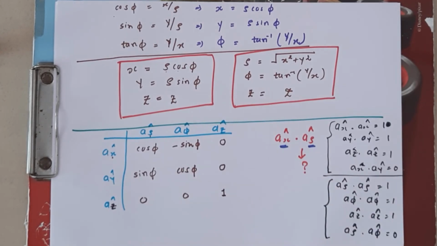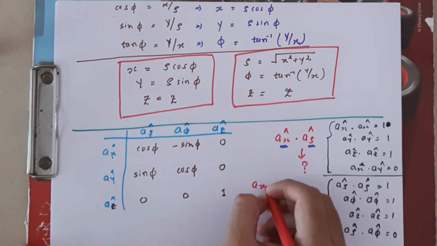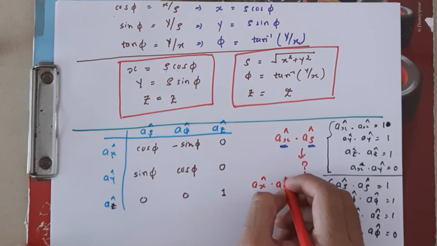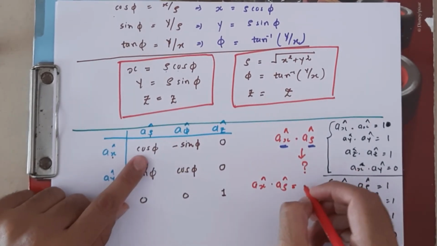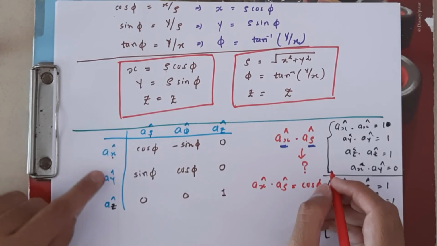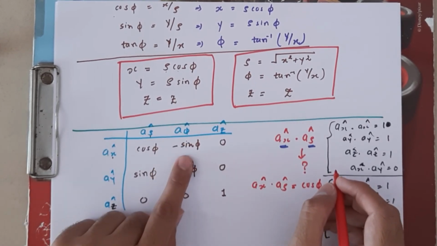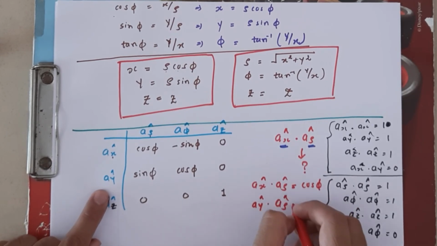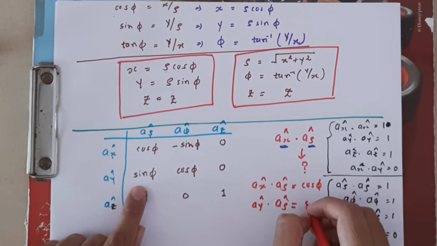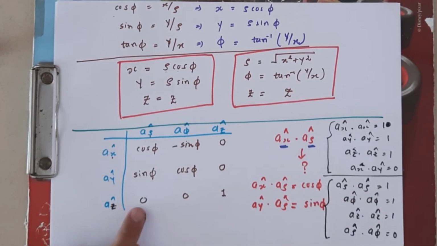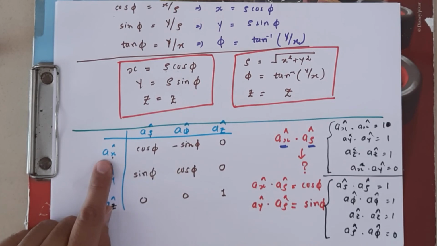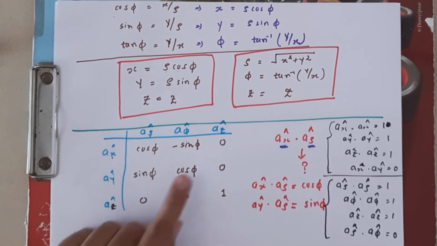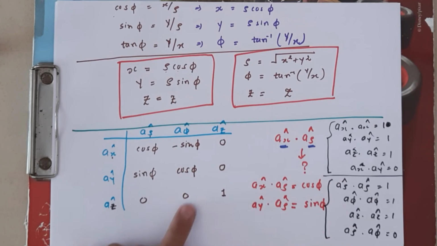Now you can write it this way. What is a_x dot a_rho? Now you can give the answer very easily. a_x dot a_rho is equal to cos phi. a_x dot a_phi is minus sin phi. a_y dot a_rho is equal to sin phi. a_z dot a_rho is 0. a_x dot a_phi is minus sin phi, a_y dot a_phi is cos phi, a_z dot a_phi is 0.